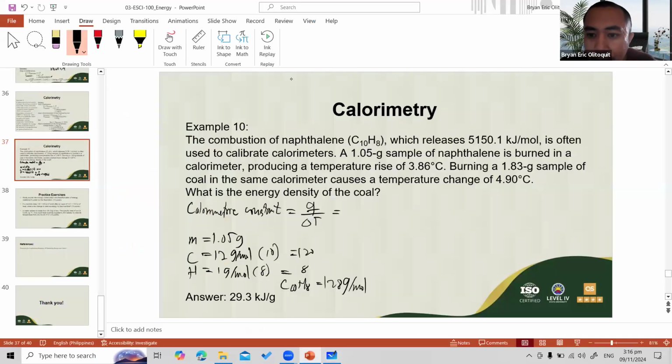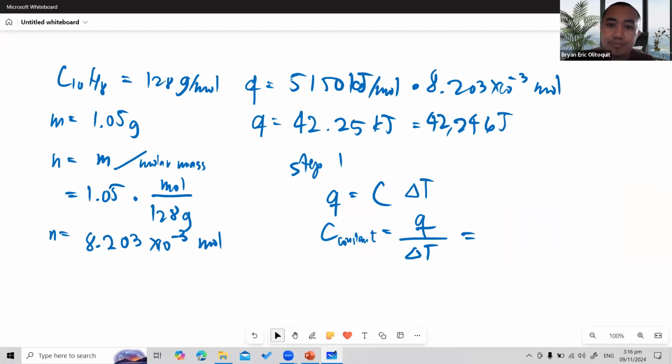Going back to our problem, the change in temperature is 3.86, and the Q we determined is 42,246 joules.